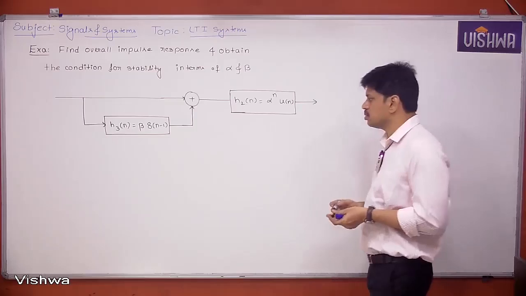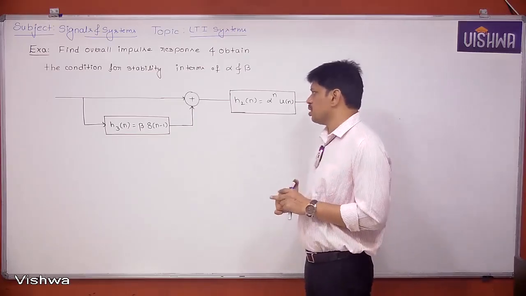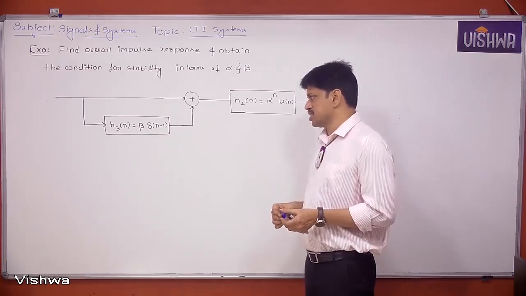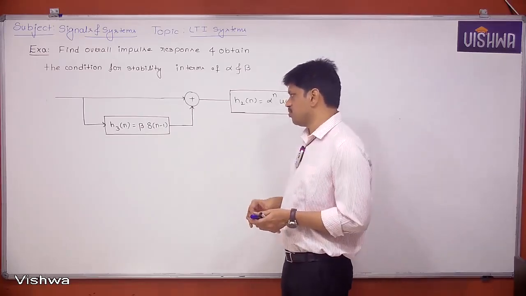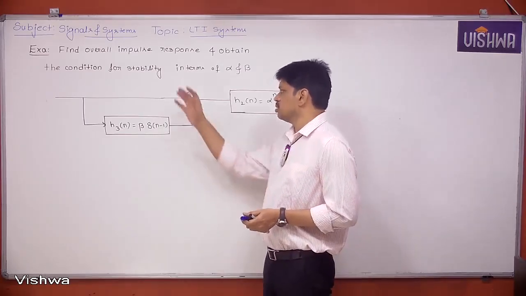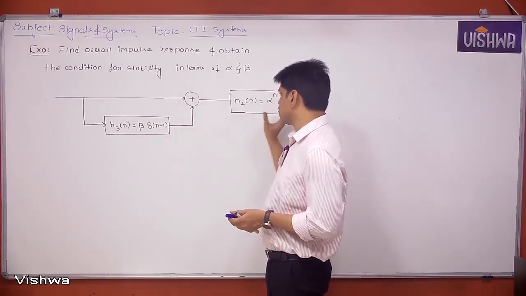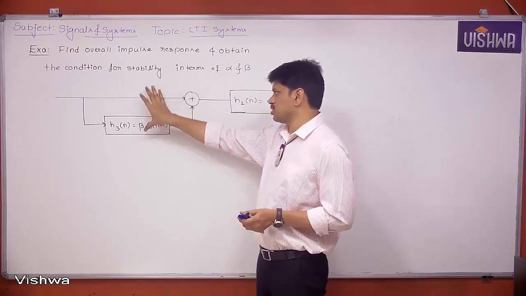Here, if you try to solve it, you will make one silly mistake. What is the silly mistake? First of all, let me explain this question. We have two parallel branches, and this is cascaded with the overall transfer function here.